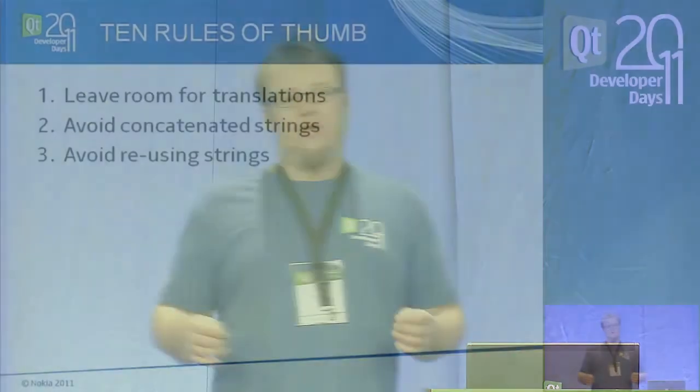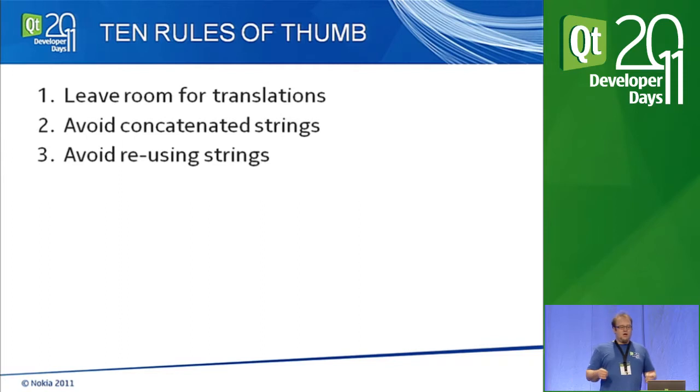Then, to avoid reusing strings, disambiguation of strings. Let's say the word read in English. It's spelled the same way as read, as in 16 messages, or the message has been read, or then let's say there's a button that you press to read a message. Even though it's the same in English, in many languages it's not.